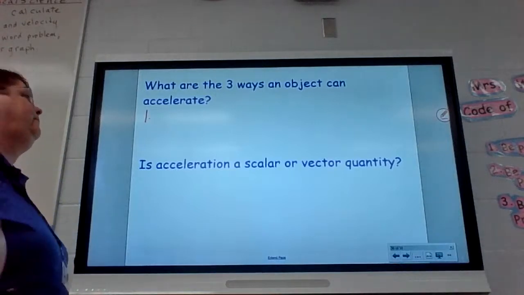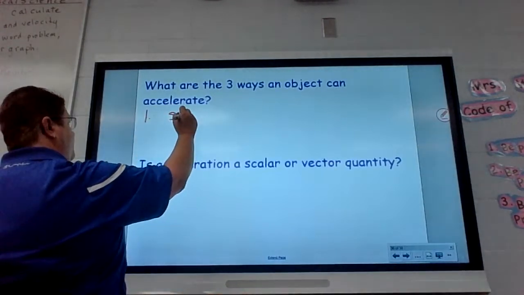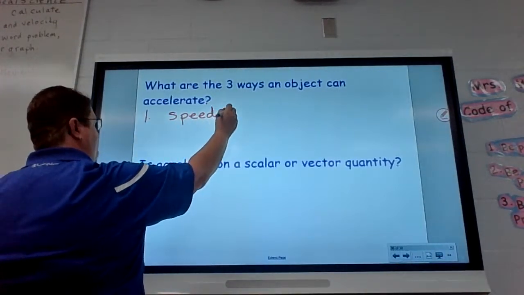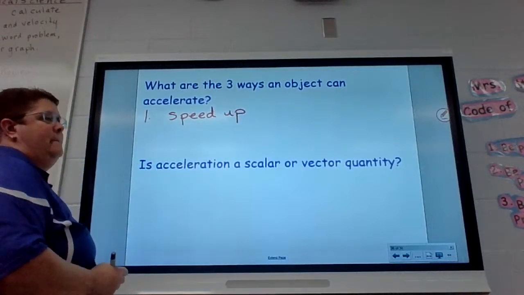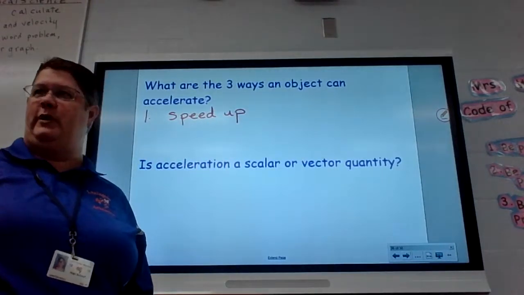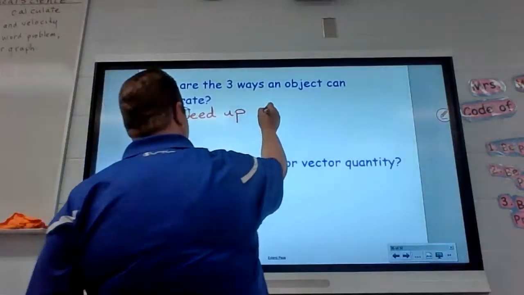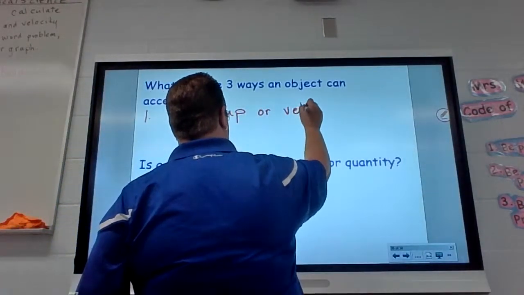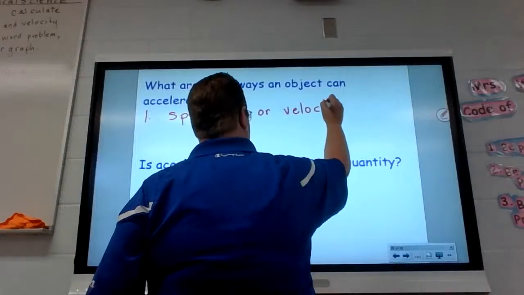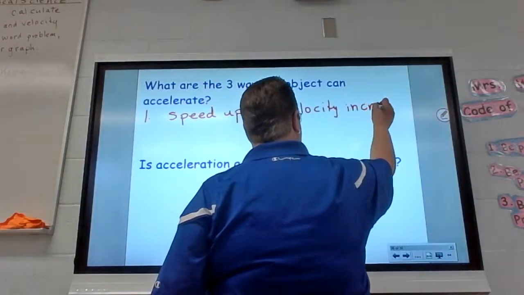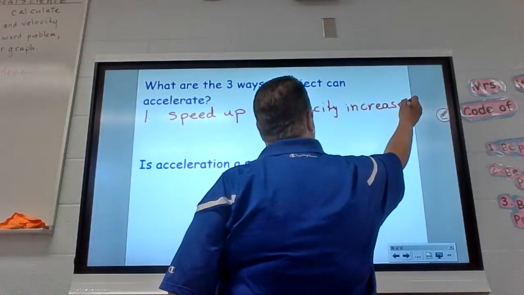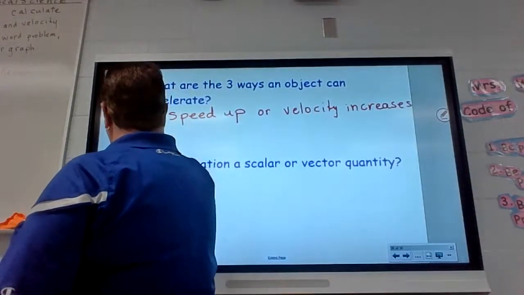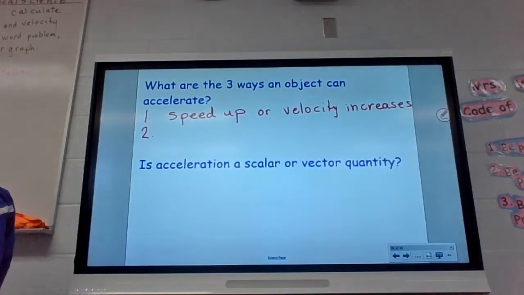We speed up. Generally speaking, we speed up, or velocity increases. All right. That's one. Number two.